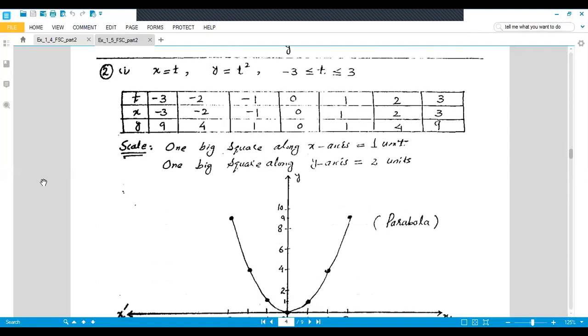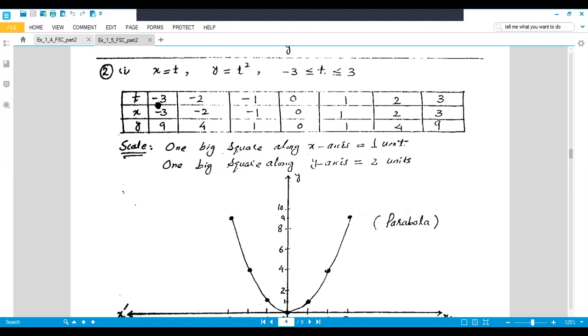Question number 2, first part: x is equal to t and y is equal to t square, where t is greater than or equal to minus 3 and less than or equal to positive 3. You have to draw the graph and tell which curve this is.